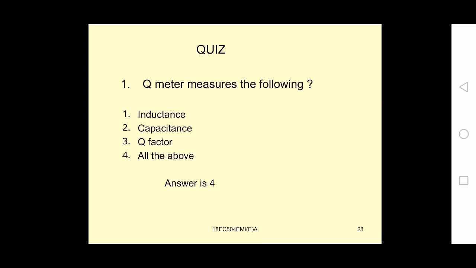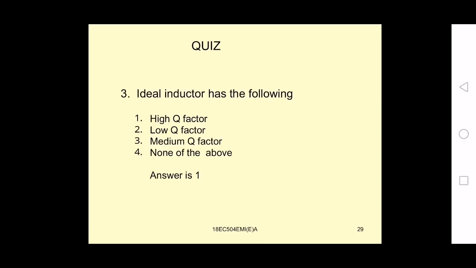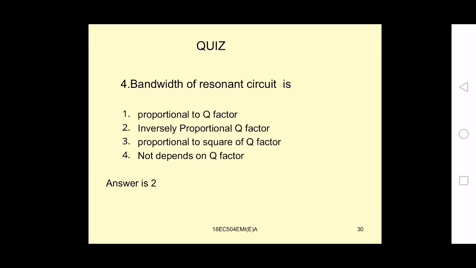So here is a simple quiz. The Q meter measures the following: inductance, capacitance, Q factor. So it will measure all the electrical properties of coils and capacitors, that is inductance, capacitance, mutual inductance, quality factor and dissipation factor. So it will measure all the above. An ideal inductor has a high quality factor. Bandwidth is inversely proportional to quality factor.